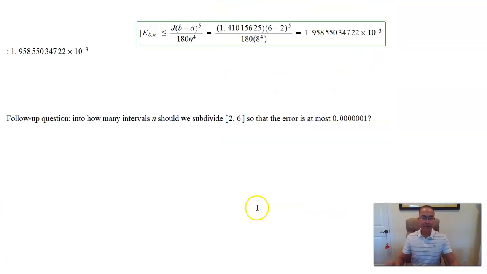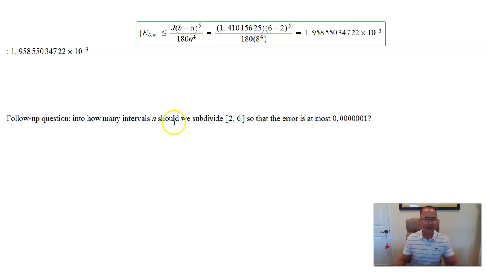All right, our final problem for the day, similar to what we asked for the trapezoid method. Into how many subintervals n should we subdivide 2 to 6, our domain, so that the error is at most this teeny tiny number? So for trapezoid, we got something like 4,082 subintervals.